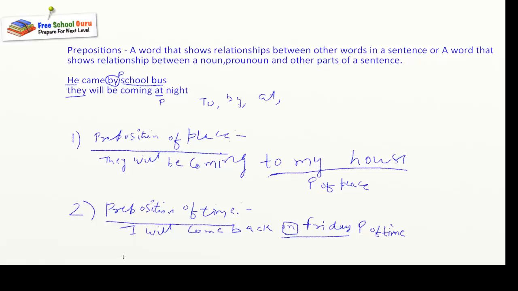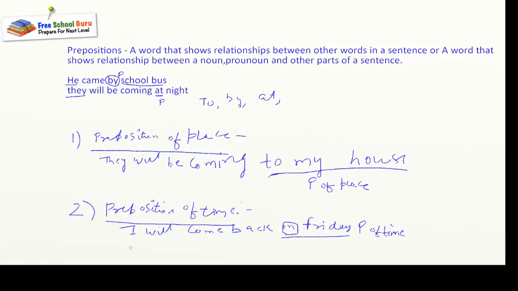I will be coming for a day. I will go to school at 8 a.m. So at 8 a.m. becomes your preposition of time. You can also say that my father will be arriving on January 5th. So on January 5th becomes your preposition of time.